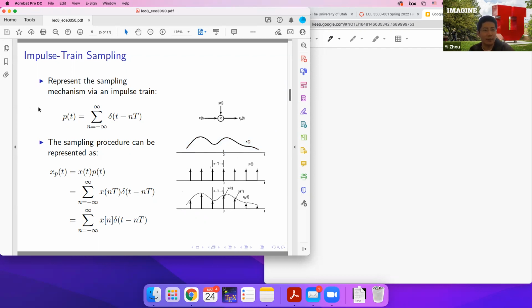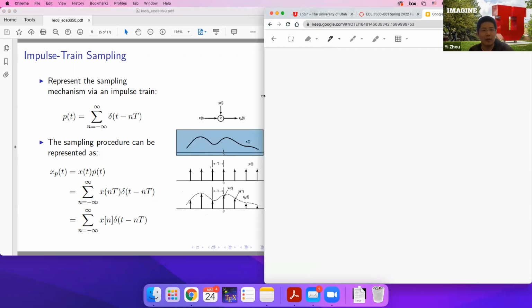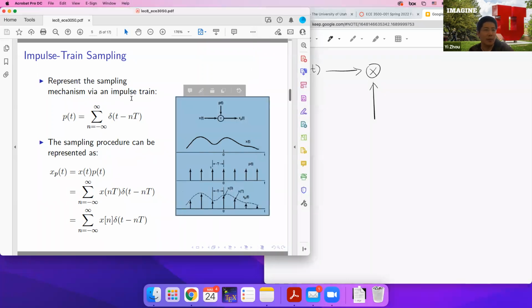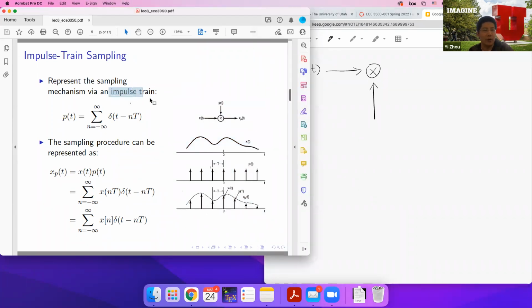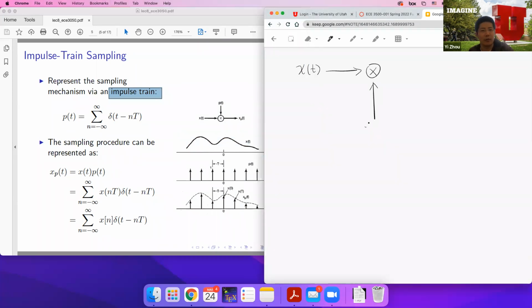So let's briefly review the setup that we introduced last time. We have an underlying continuous time signal x(t). To do the sampling, we multiply the signal by a sampling mask, which we call the impulse train signal, denoted as p(t).